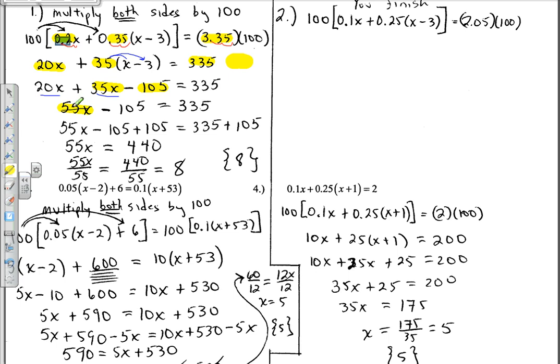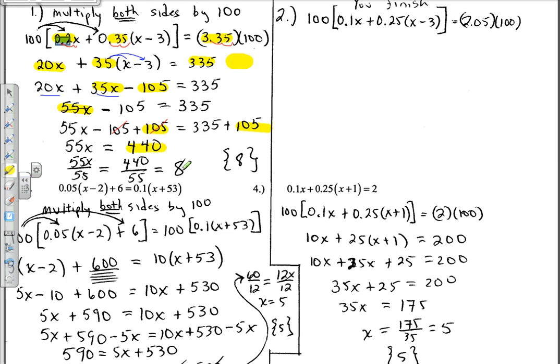So I'm going to isolate this by adding 105 to both sides to cancel out this 105. By doing that, I get 55x over on the left. On the right-hand side, 335 plus 105 gives me 440. Divide both sides by 55, and I get an answer of 8.